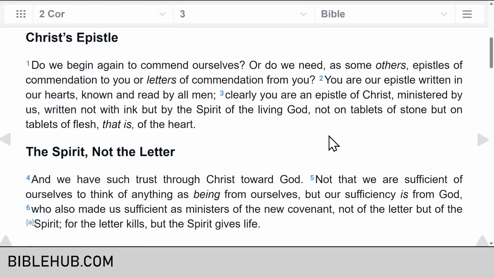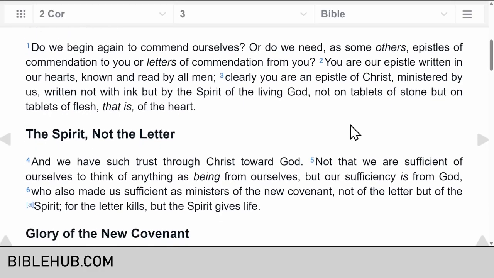And we don't even need letters of commendation or recommendation from you, because he says, you are our epistle, right? You are our letter of commendation or recommendation. All right, so you start maybe getting deeper into some of these, and that might not be a word that it helped you with much, but there are certain words that it can be helpful for.